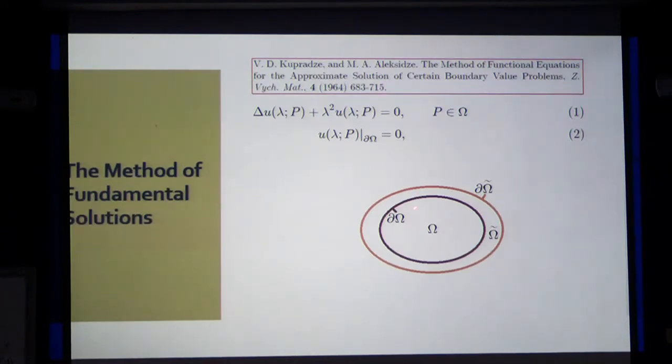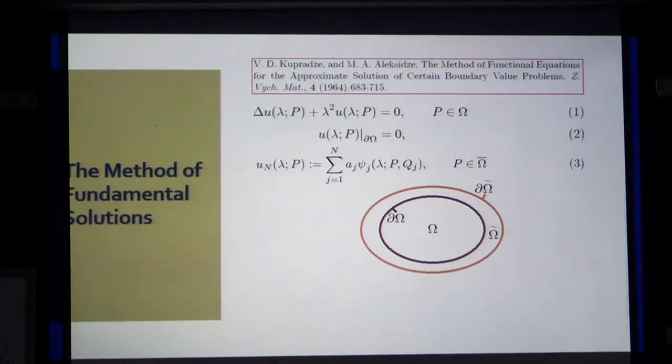Then for this point in this domain, the solution fulfilling these boundary conditions is stated as a linear combination of fundamental solutions, where these fundamental solutions are represented by these psi functions.